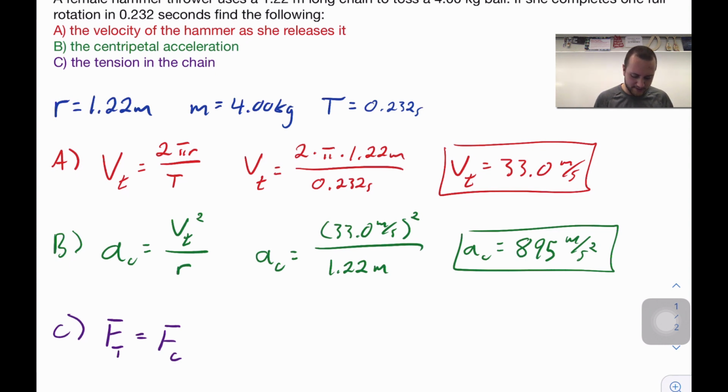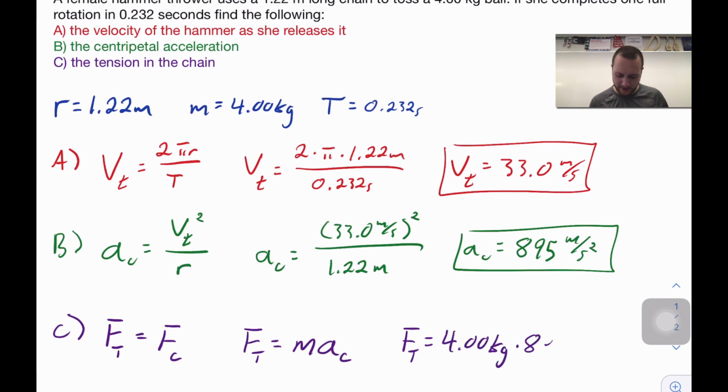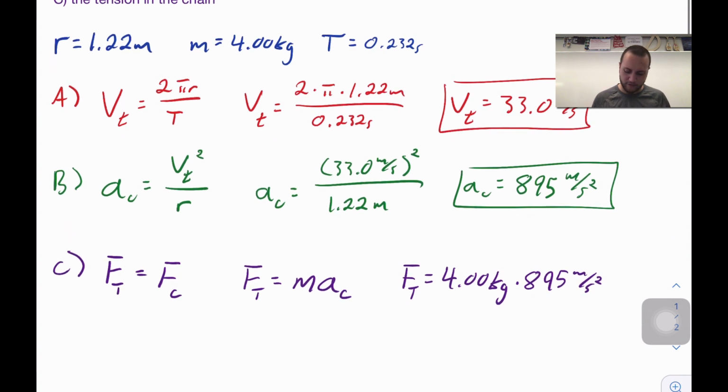So our tension being equivalent to our centripetal force is going to be our mass times our centripetal acceleration, which we just found in part B. So we get the mass, which is 4 kilograms, times the acceleration. Again, I am going to use the full value from the calculator, not the rounded value.